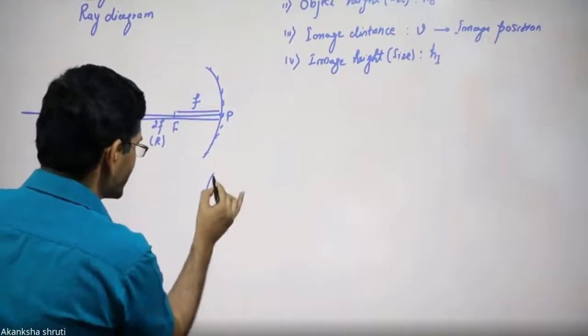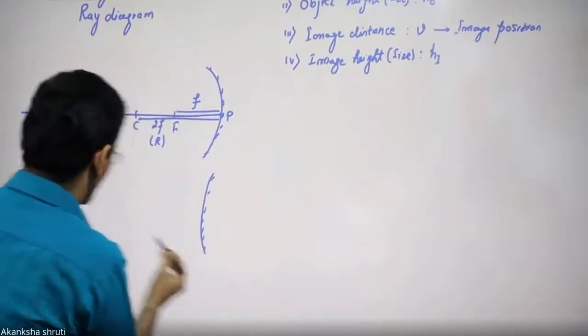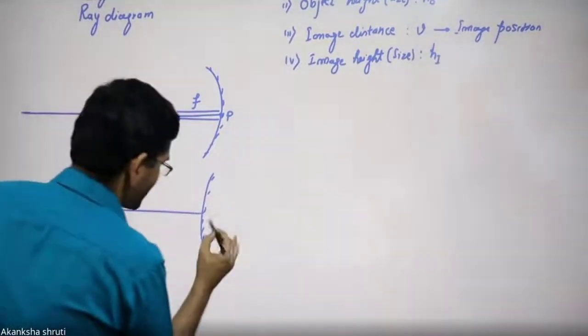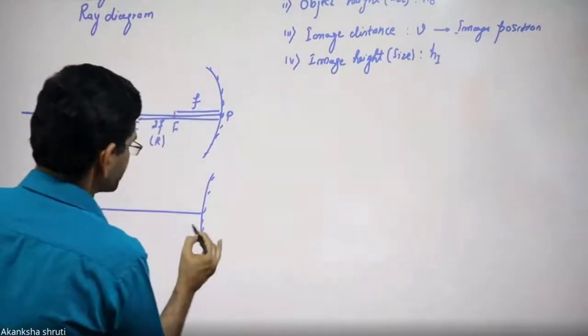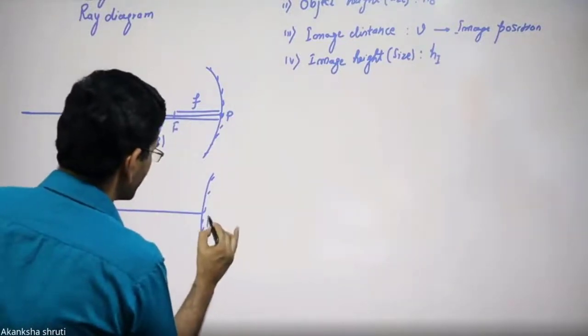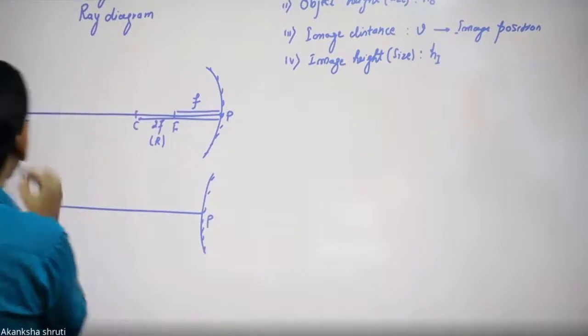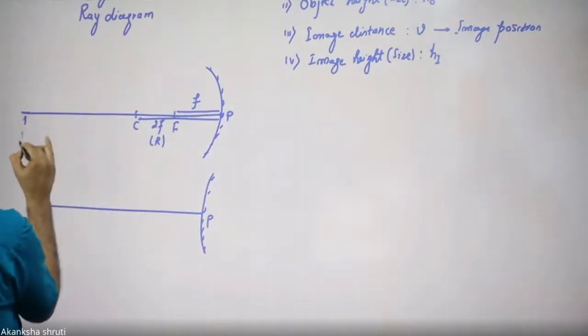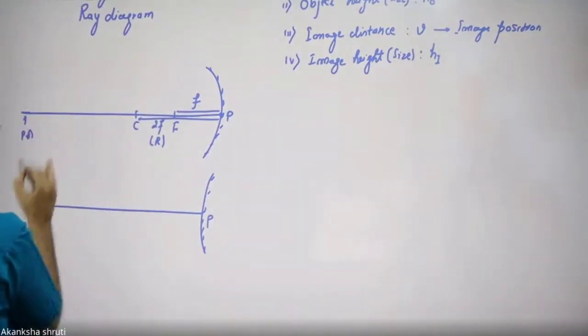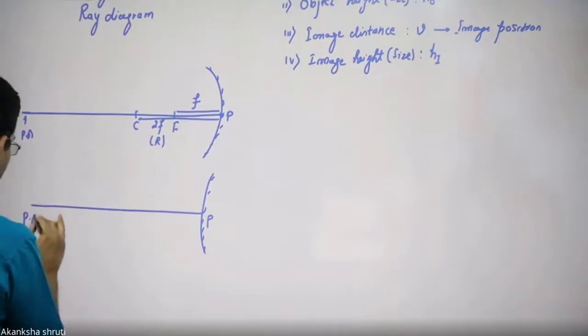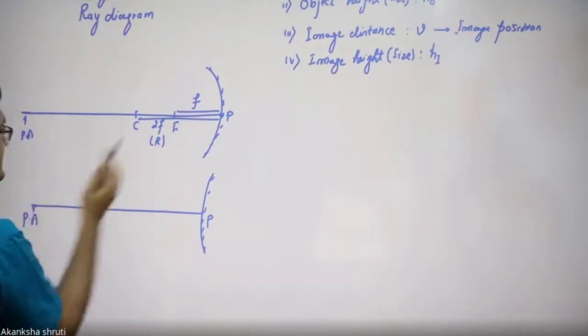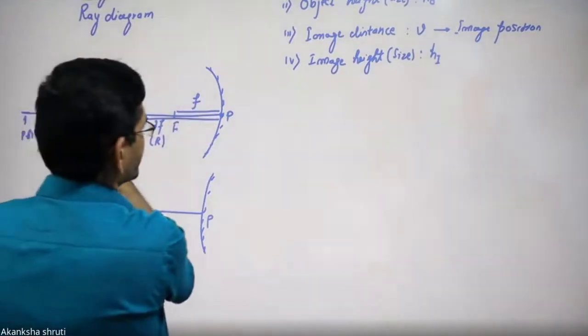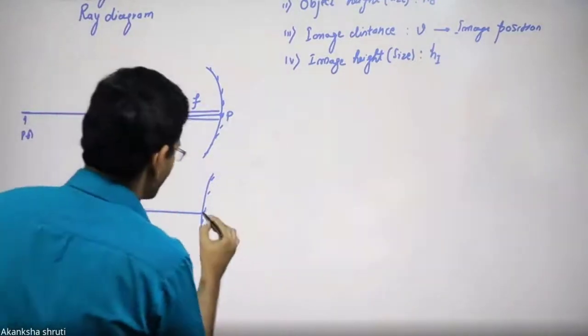Similarly, for the convex mirror also, we have the principal axis, the center line passing through the pole. The principal axis can be in the forward direction as well as in the backward direction.